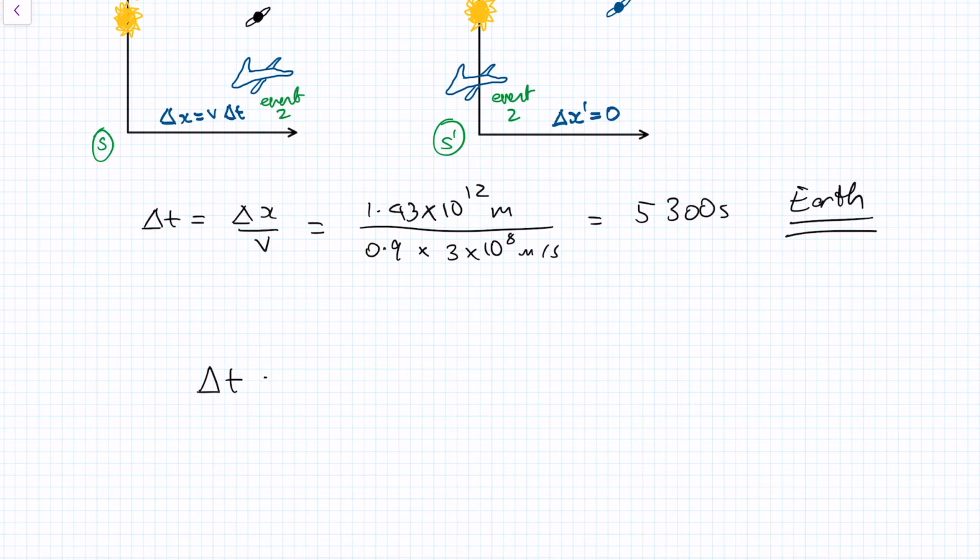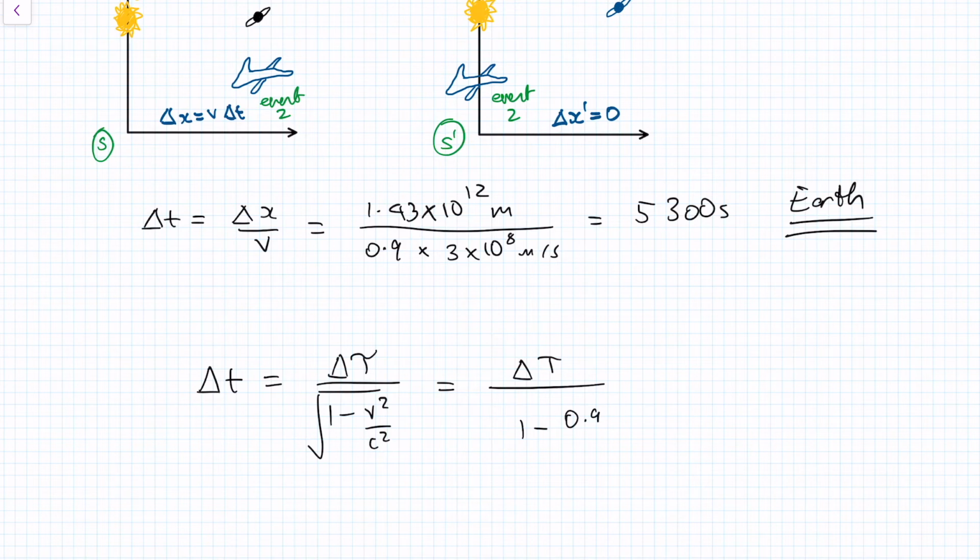Delta tau is equal to delta t times the square root of 1 minus v squared over c squared, right? So if you plug in the values, the speed was 0.9c, and the c's will cancel, so we can just consider 0.9 squared. So delta tau is equal to delta t as observed from Earth, times the square root of 1 minus 0.9 squared.